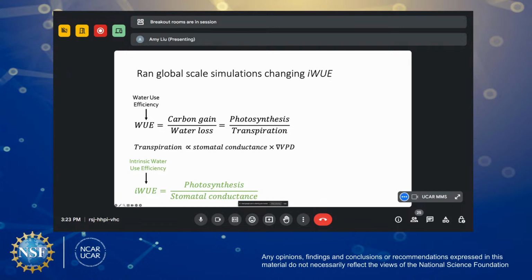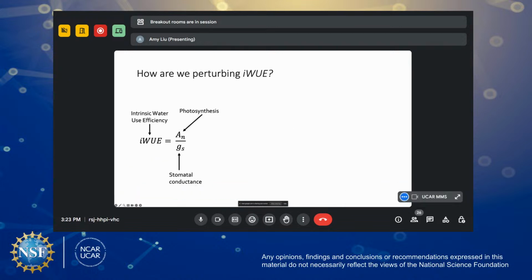The equation on top is the one I showed earlier. The bottom one is another way to define water use efficiency, or intrinsic water use efficiency, and this is the term that we're changing in our global scale simulations, the one highlighted in green. Both equations are carbon gain over water loss. It's just a matter of whether or not it considers the environment.